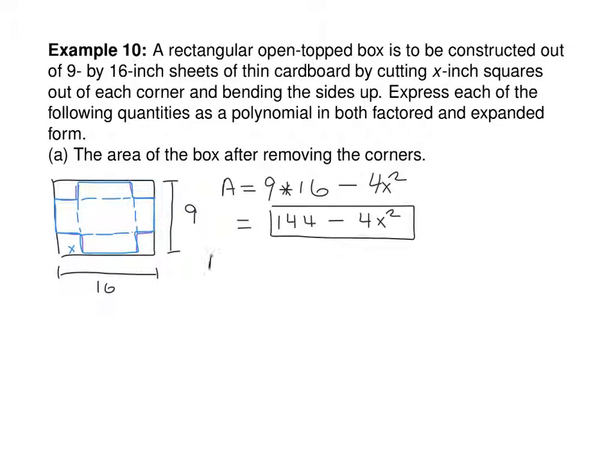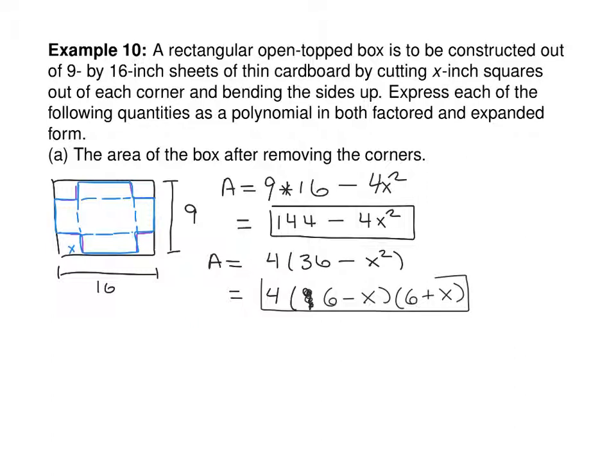In factored form, we've got to take out the greatest common factor, which is 4. And that's the same thing as 4 times 9. Whoopsies, that should be 36. So 4 times 6 minus x and 6 plus x. So that's factored form. And each method is useful for its own thing. So for now, what you're supposed to do is just practice finding each of them.